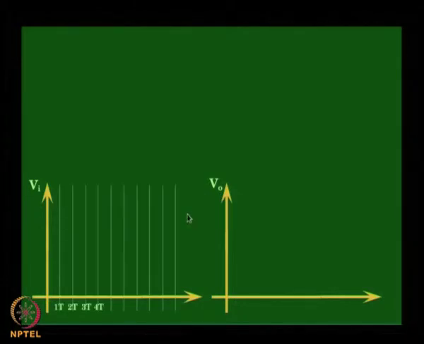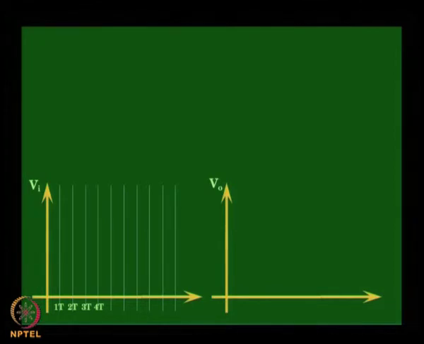Now, on the source side, let us say we have the grid, and this grid is now split as 1T, 2T, 3T, 4T, 5T, and so on. Now, this 1T is the time taken for the wave to propagate from the source side to the load side. It is the wave propagation time one way from the source to the load.